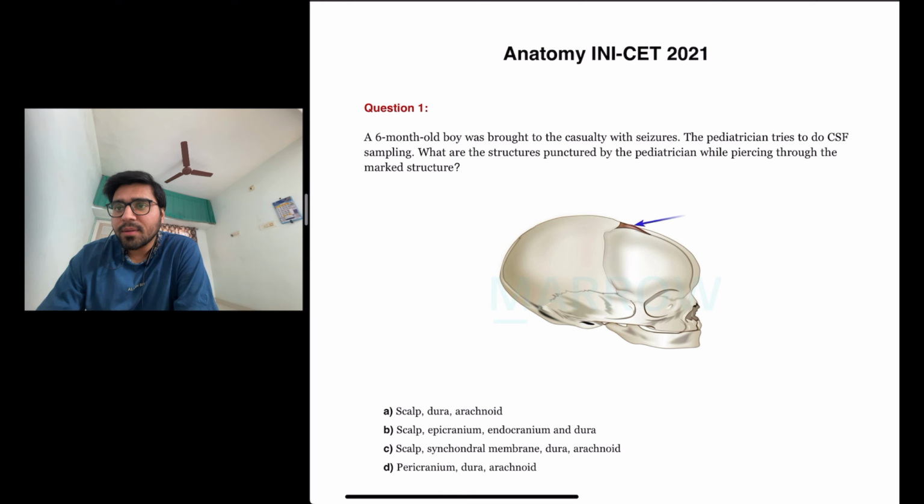A 6-month-old boy was brought to the casualty with seizures. The pediatrician tries to do CSF sampling. What are the structures punctured by the pediatrician while piercing through the marked structure?